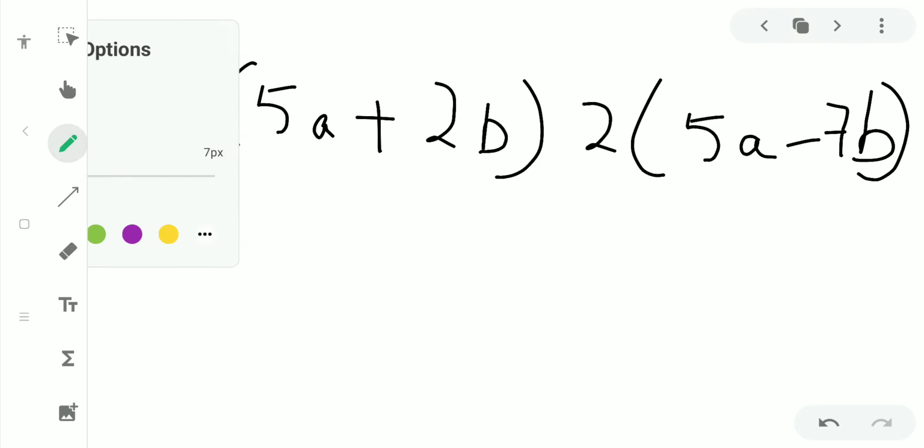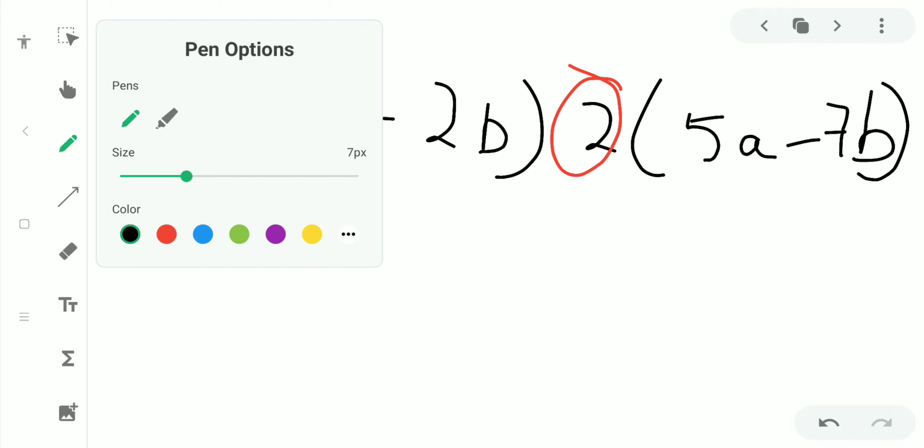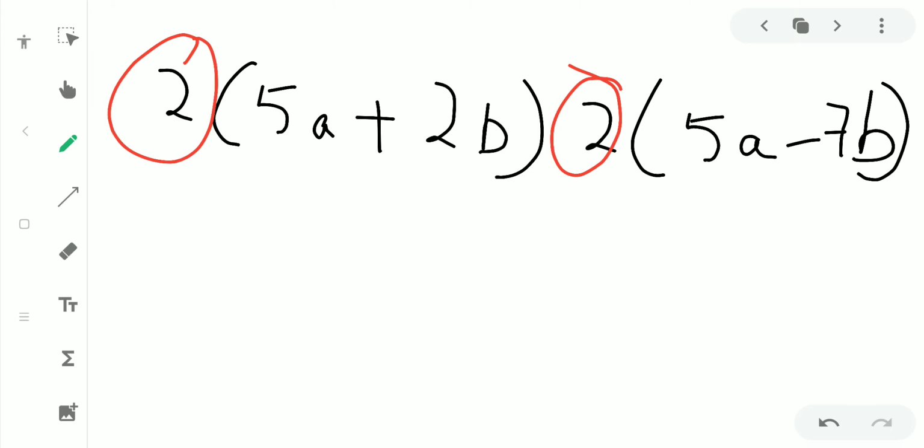So here again I can take 2 common. On taking 2 common again, I will get 2 multiplied with 2. Sorry, we cannot take 2 common because it is multiplication.